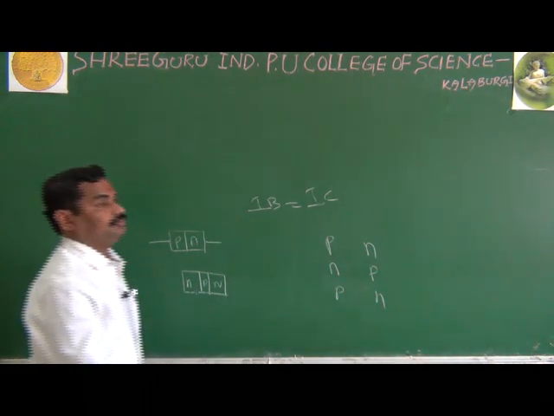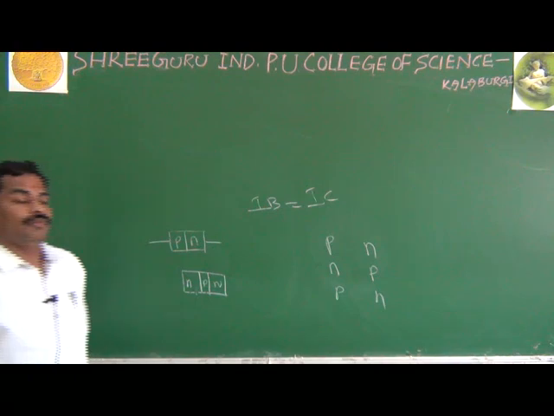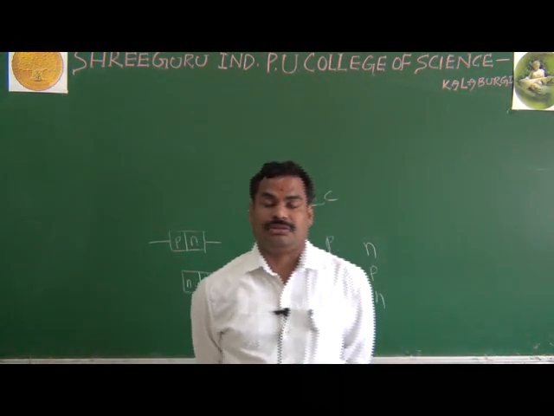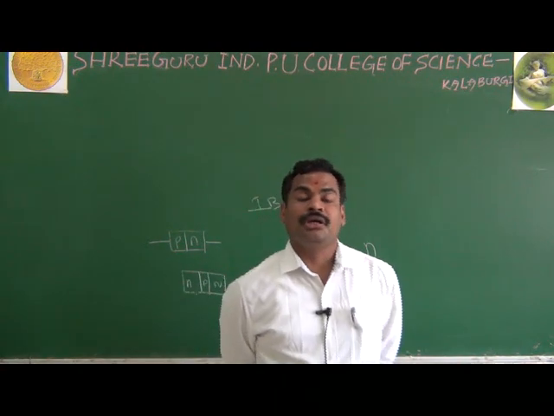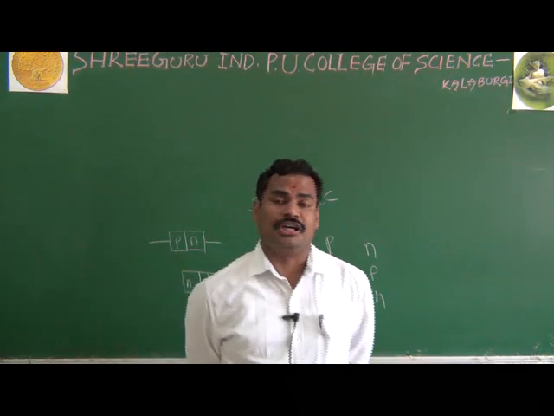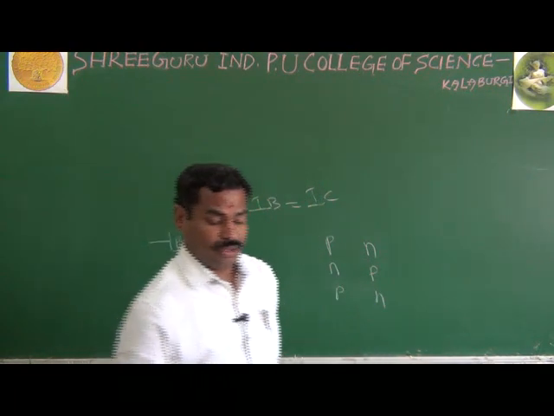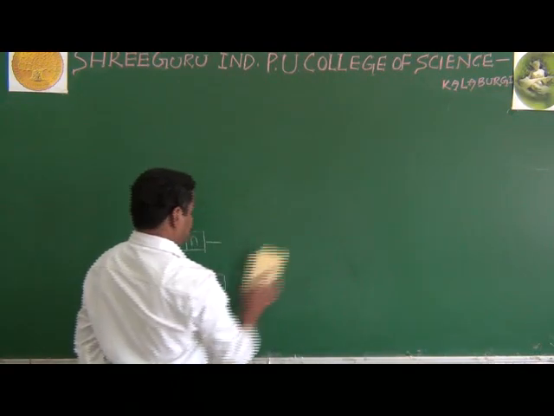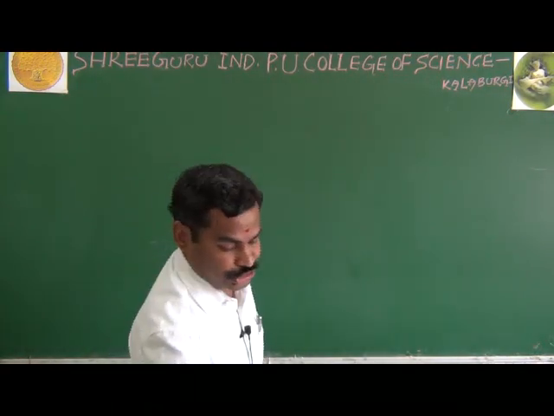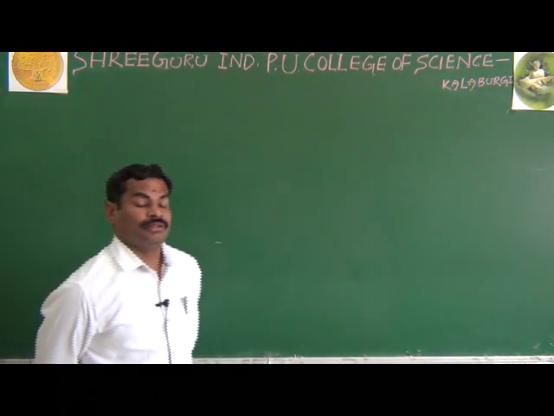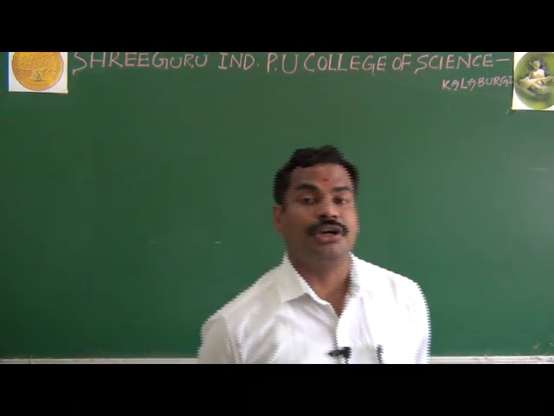Another important thing, maybe you know already: the transistor is called a current control device. Why do we call it a current control device? It means that in your transistor, the output voltage or output current depends upon the input current. That's why it is called a current control device.